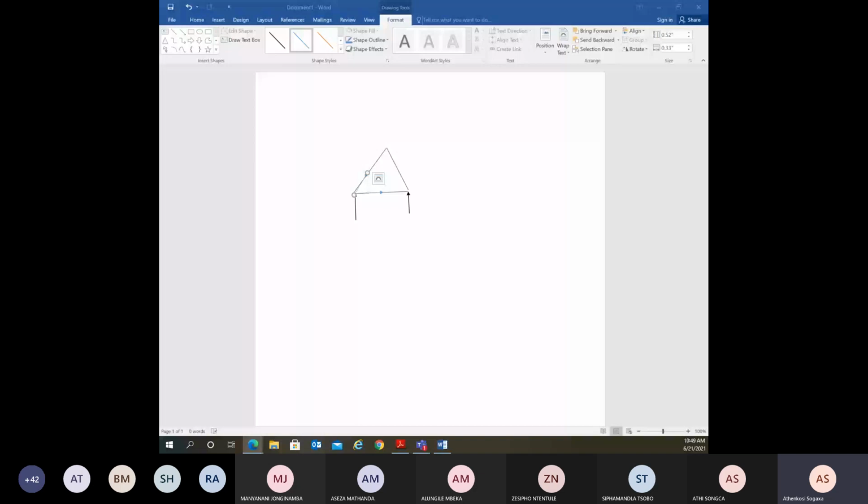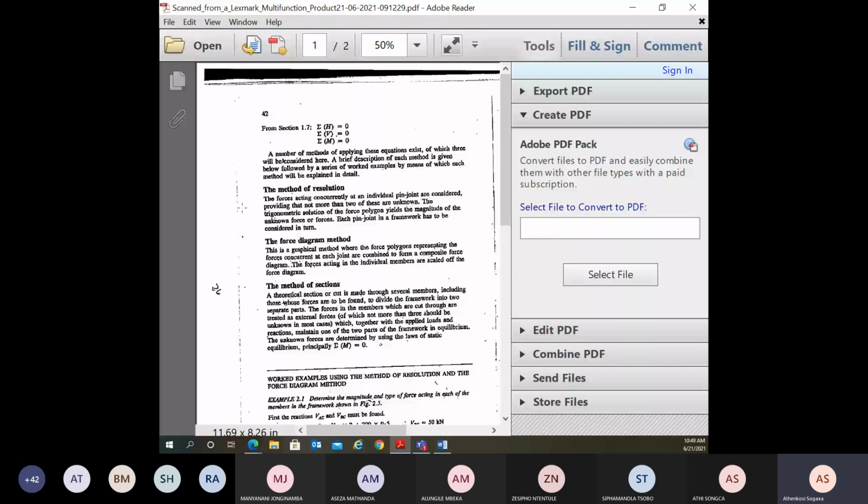Now, that is the first method. The second one is the force diagram, which is referred to as a vector and force diagram. You can also resolve a truss using that method.